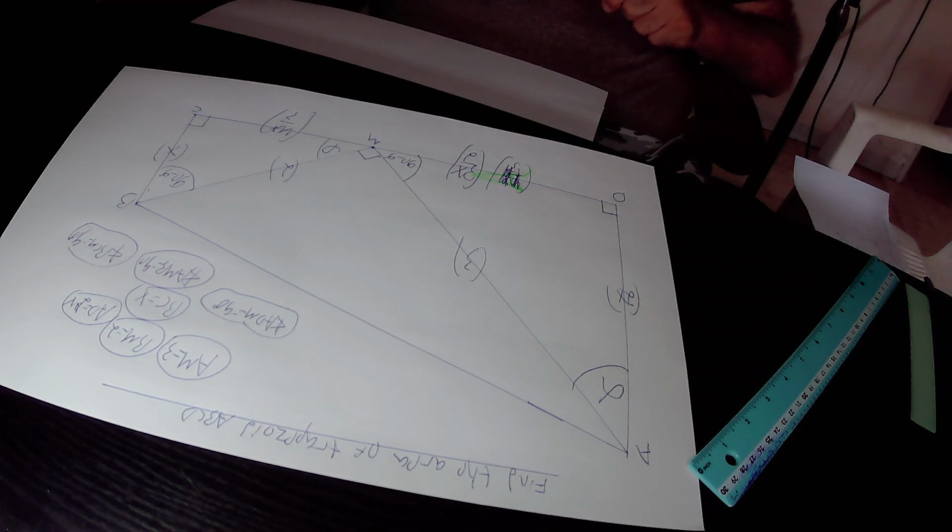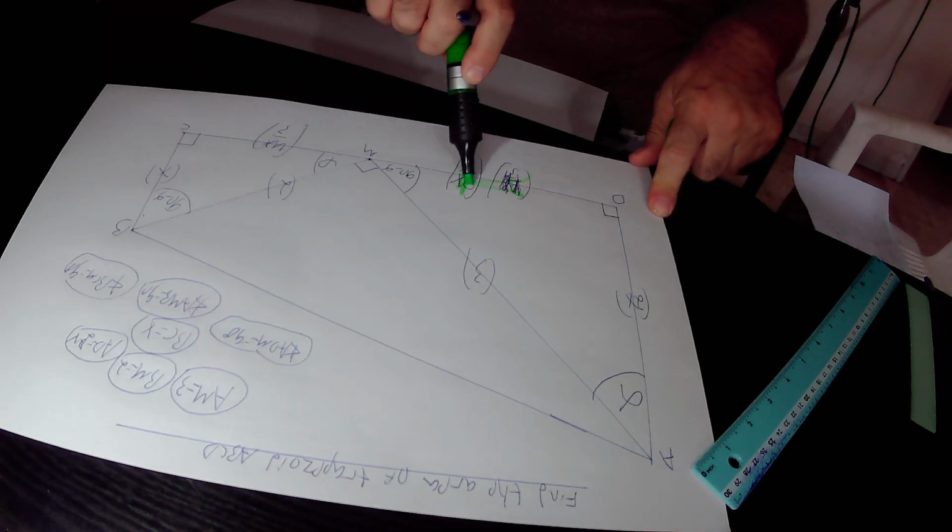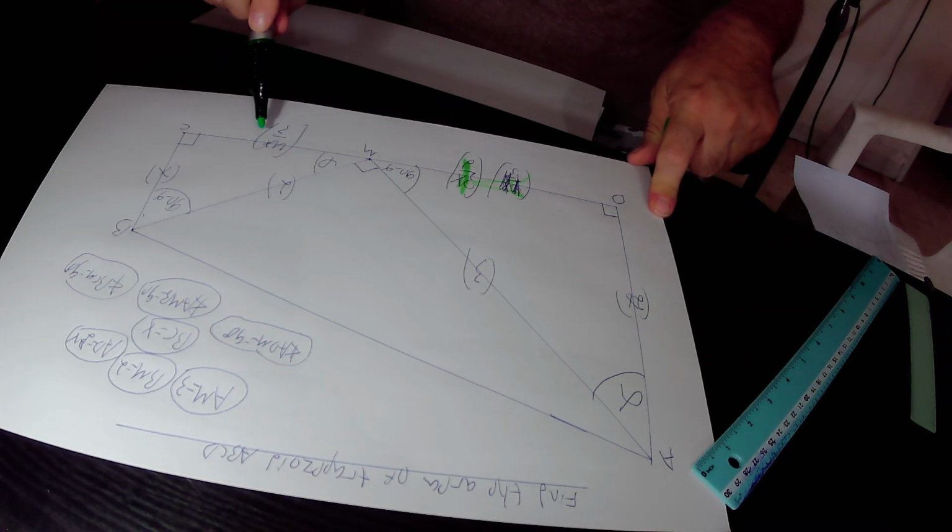So in total, DM equals 3x over 2 and MC equals 4x over 3.